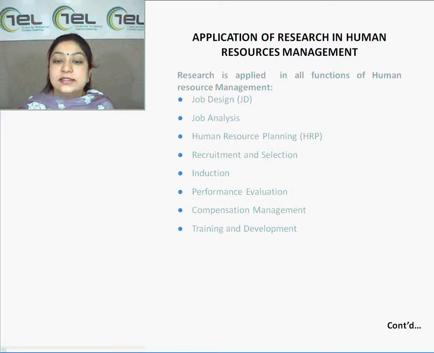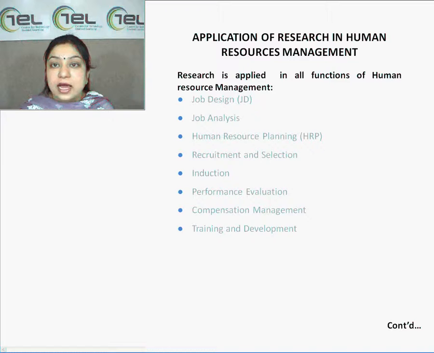Now, next is application of research in the human resource management area. Research is applied in the functions of human resource, almost in all the areas of human resource. For example, you have job design, job analysis, human resource planning, recruitment and selection, induction, performance evaluation.